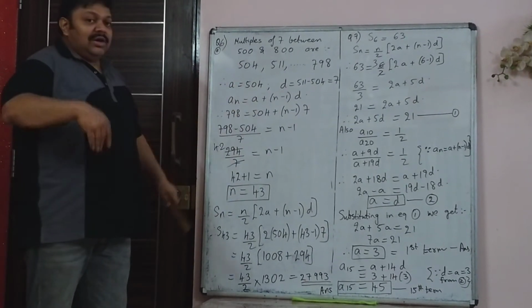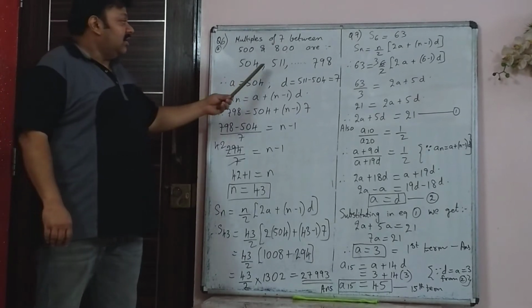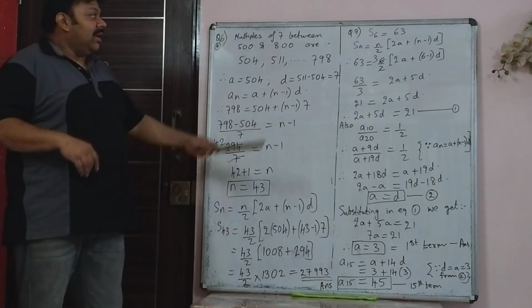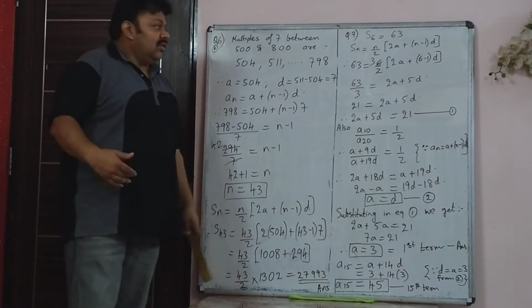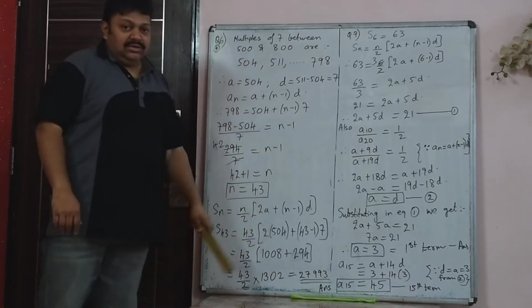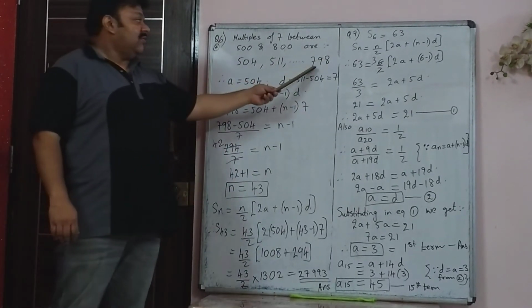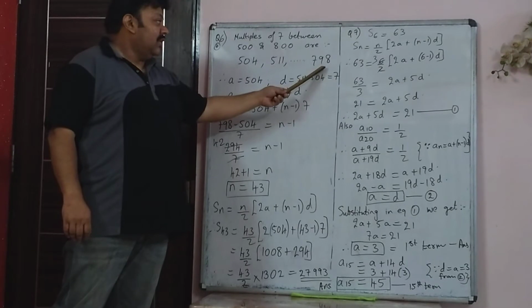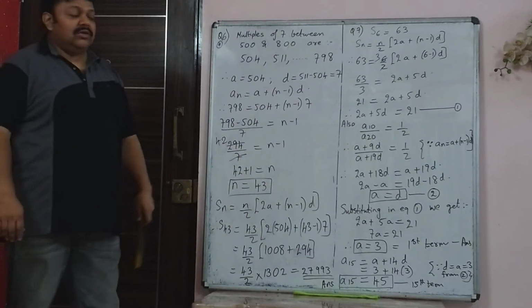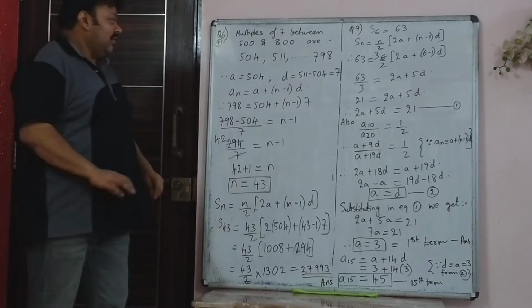The numbers after that in steps of 7 would be 504, 511, and so on. 800 is not divisible by 7, so the closest number would be 798, which divided by 7 gives 114, a perfect integer.